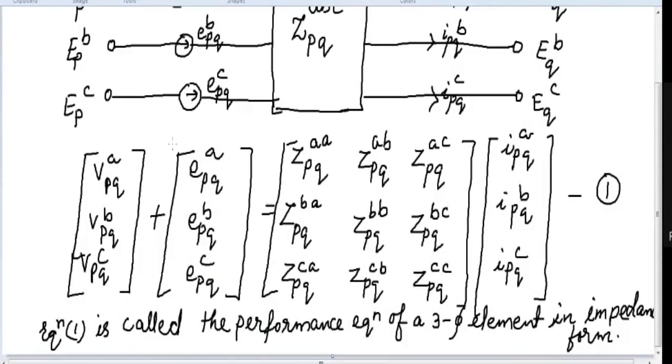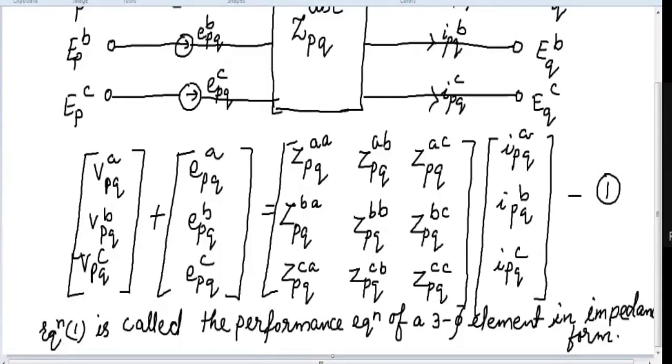So what I will do is I will make use of the alpha operator. I am going to multiply this 1 alpha square alpha, which is the balanced excitation, to both sides. Let us see what will happen if I multiply this equation number 1 with 1 alpha square alpha to both the sides.